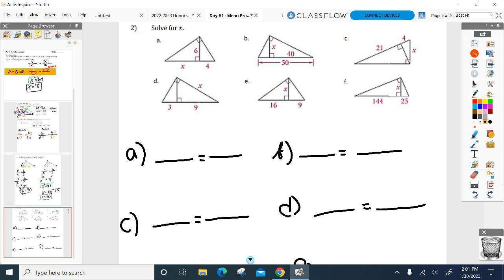So it'd be 4 over X, X over 6. Wait, what am I doing? Is the altitude involved? Yes, it is. Somebody get this kid a baguette. Hurry up. He's losing energy. It'd be X over 6 and 6 over 4. Okay, good.